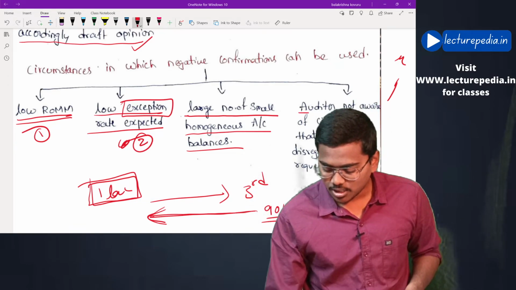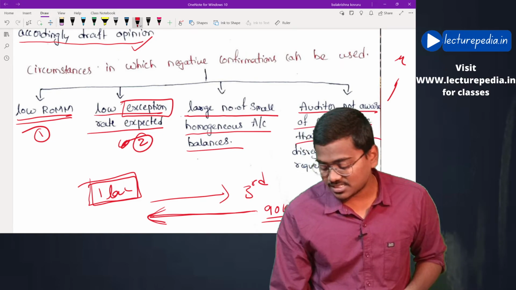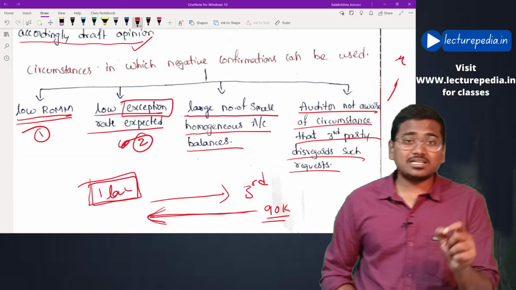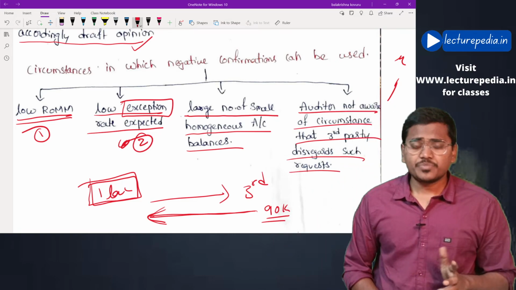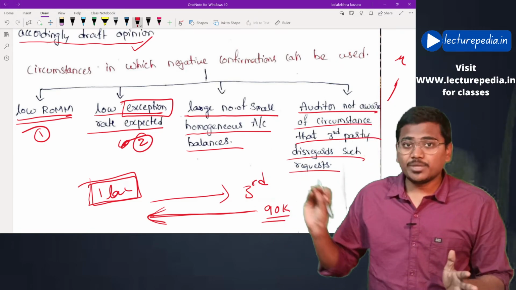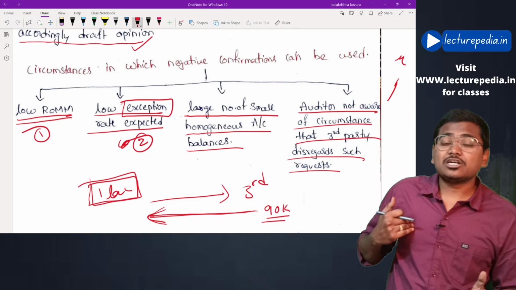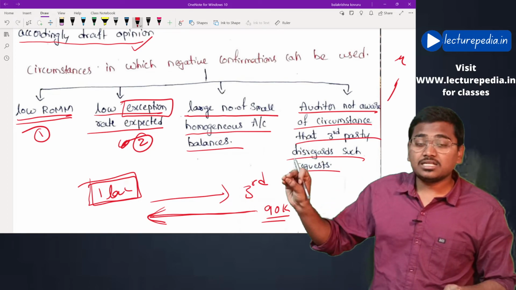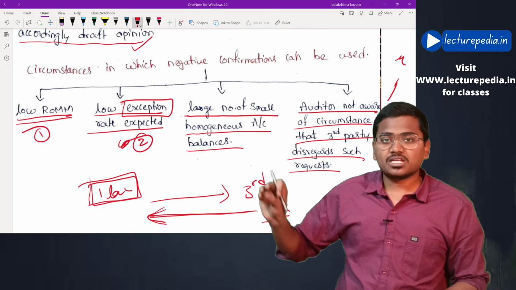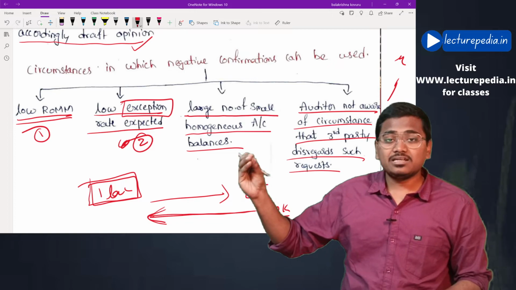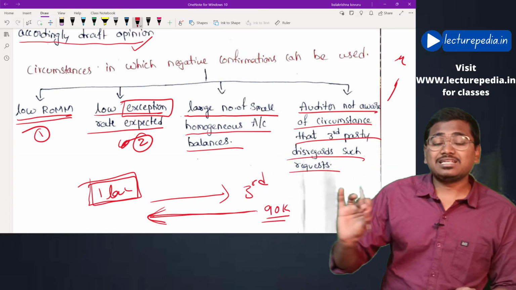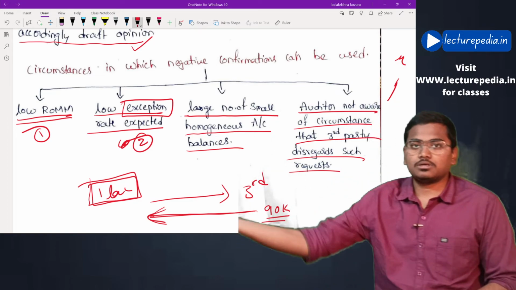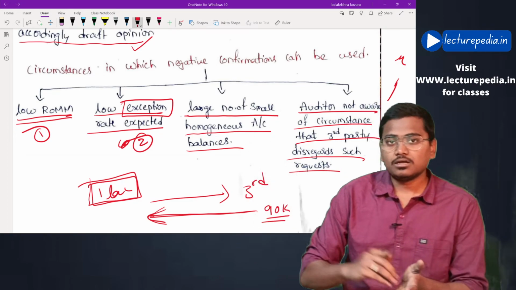And the final one, the auditor is not aware of circumstances that the third party would disregard such a request. The auditor is sure that the third party, the confirming party, will not disregard the request sent by me. The third party will verify his books and he will reply back in case there is any disagreement with the confirmation request.